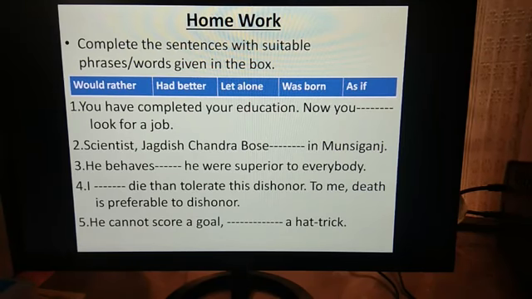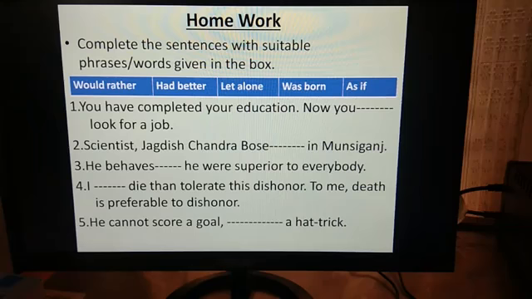So dear students, please complete these sentences, take a picture and send it to me. After today's class, I have only used 5. Why have I used 5?